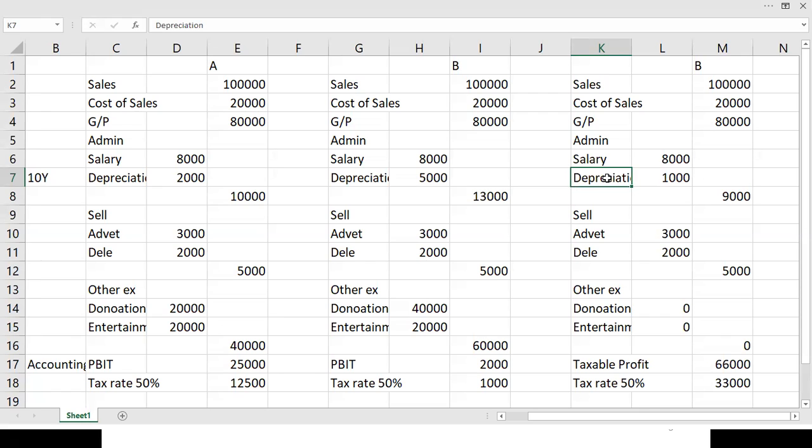I know most of you have not understood why I am saying depreciation is temporary and donation is permanent. I will explain, don't worry. At this moment, my objective is that we understand the differences between accounting profit and taxable profit. Have you understood clearly?